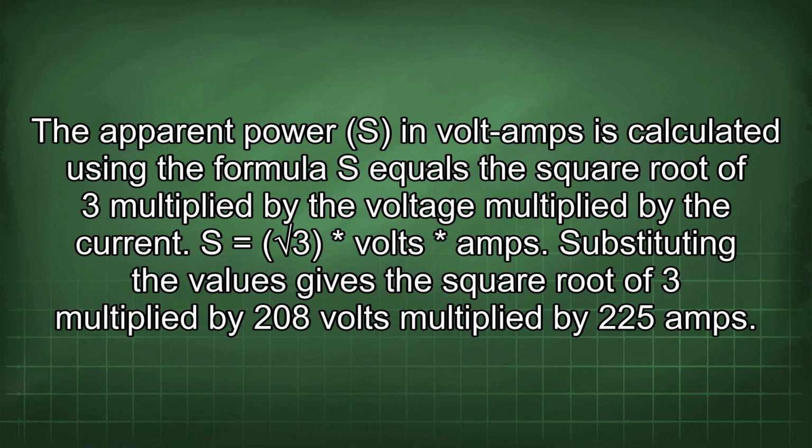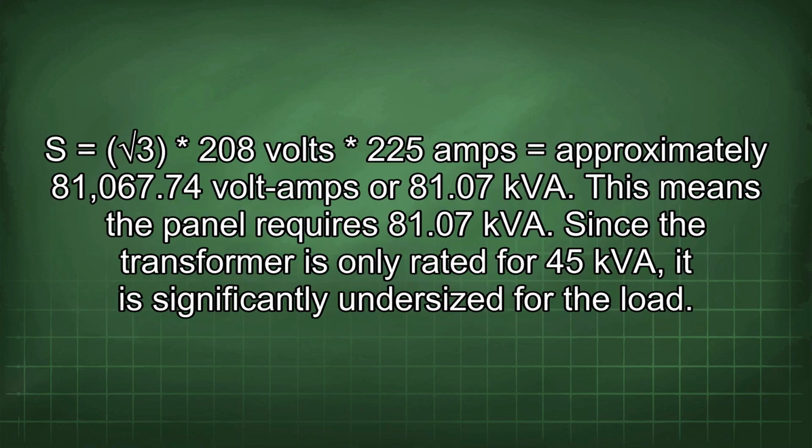Substituting the values gives the square root of 3 multiplied by 208 volts multiplied by 225 amps, which equals approximately 81,067.74 volt amps or 81.7 kVA. This means the panel requires 81.7 kVA.